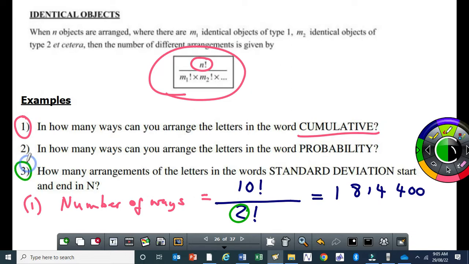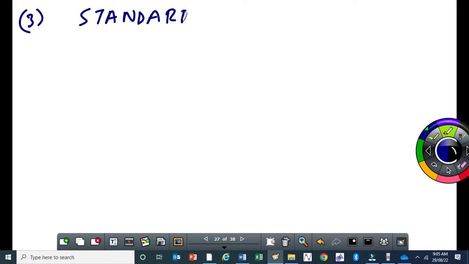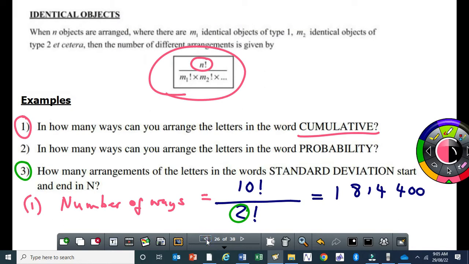How many arrangements of the letters in the word standard deviation start and end in N? So you have the word standard deviation.